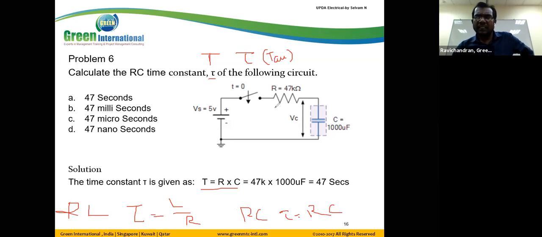Here from this circuit, we have R equal to 47 kilo ohm and capacitor 1000 microfarad. So 47 kilo ohm into 1000 microfarad is 47 seconds. This is the time constant for this particular circuit.